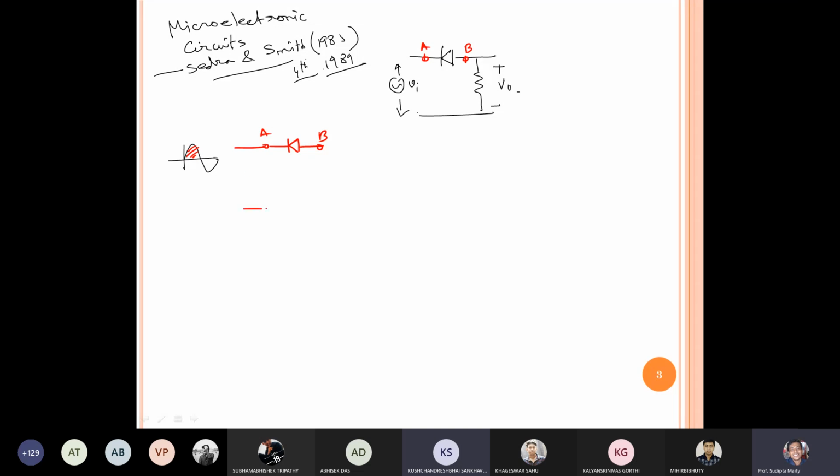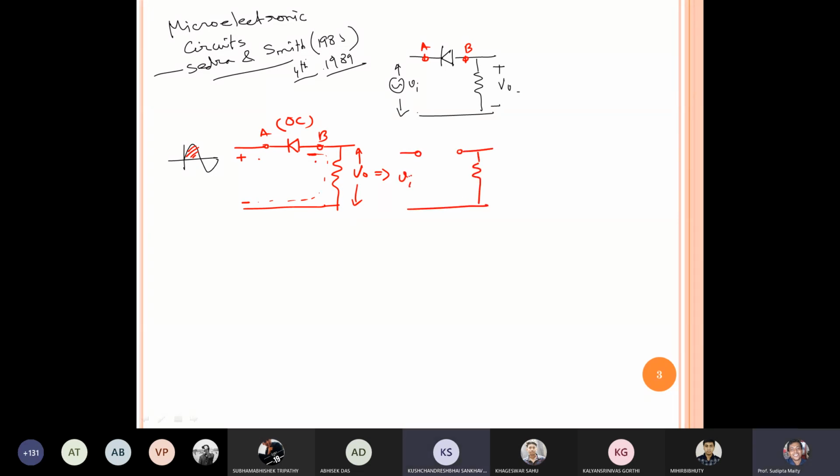In this case, this is my V naught. In the positive half cycle, this terminal is positive and the other is negative. So this negative can be assumed in this position, so it should be an open circuit. As it is open circuit, the AB terminal will be open.